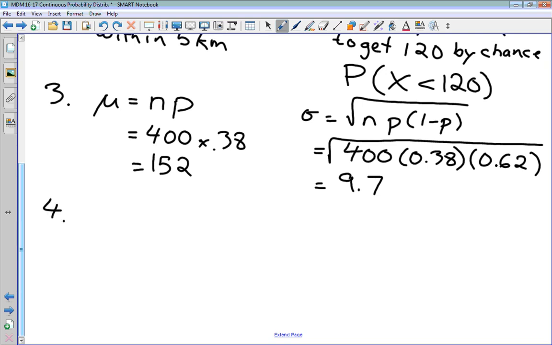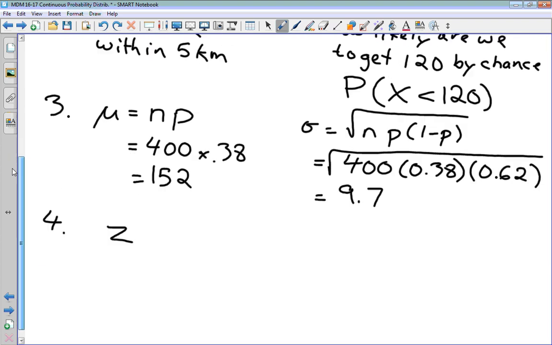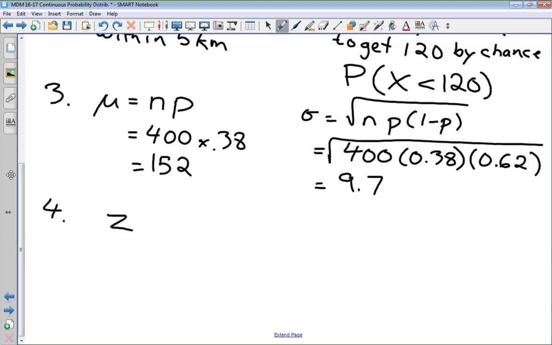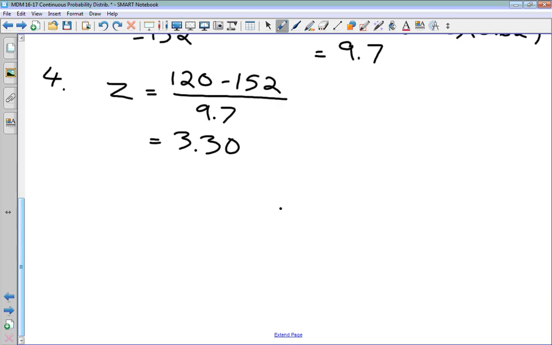So step 4, we want to find our z-score for the finding that we're testing. So our finding is 120. We're comparing it to our population mean of 152. So 120 minus 152 over 9.7. Working this out, this gives us 3.30 standard deviations, and this is going to be below the mean.